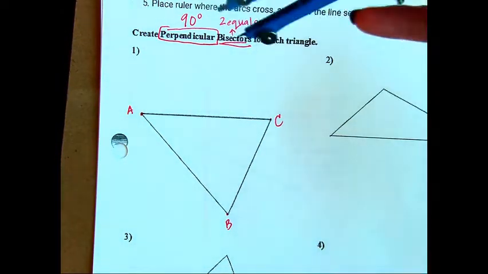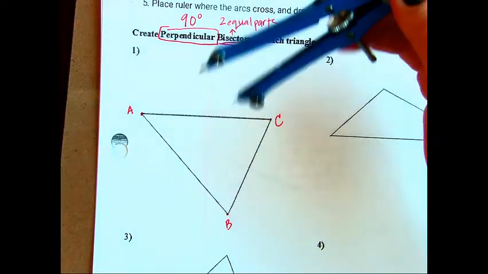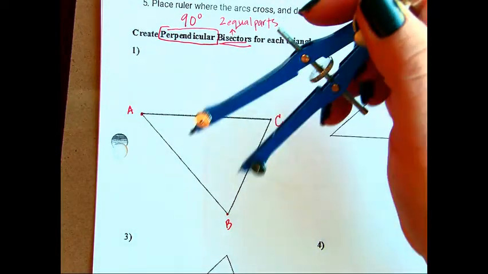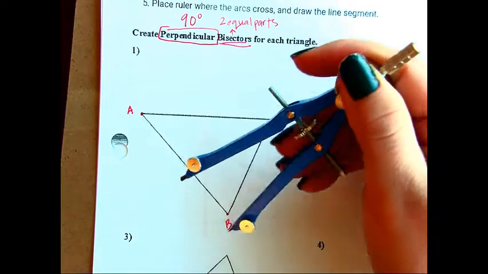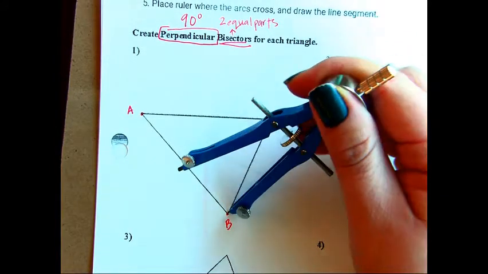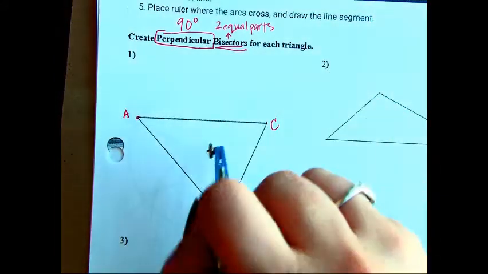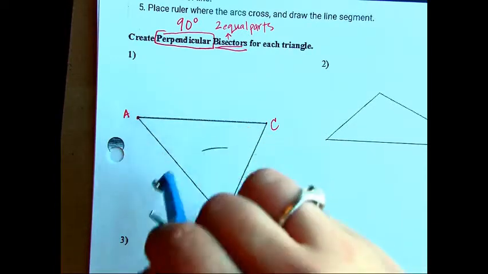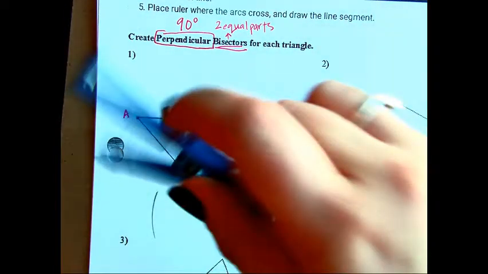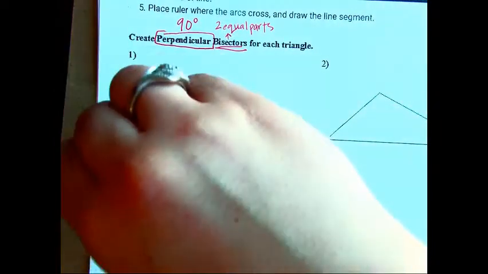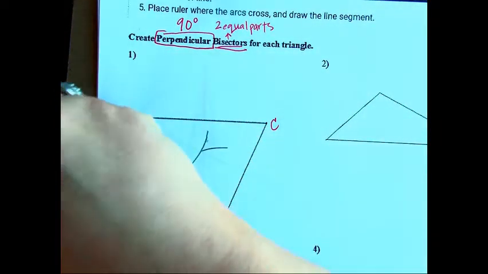What we want to do first is adjust our compass to a little bit bigger than halfway. About here, this is a little bit bigger than halfway, and I'm going to create an arc above and below and do the same thing on the other side.